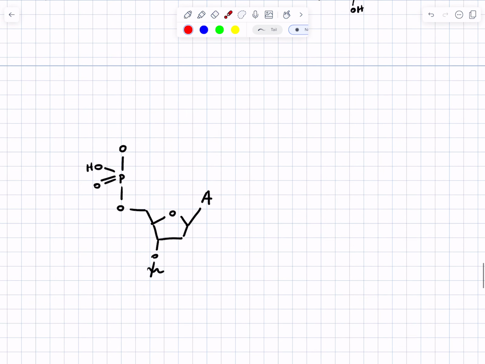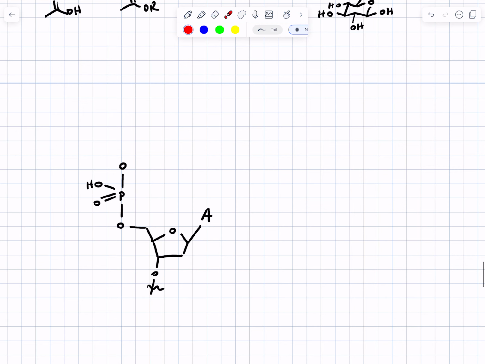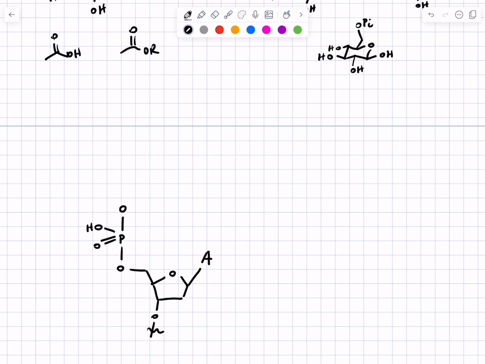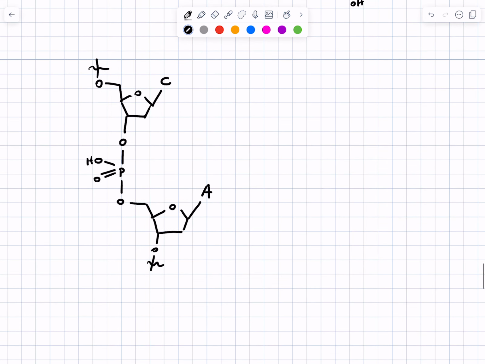Squiggly line there means there's other stuff down here that we're not talking about. And then let's do, I don't know, C. Squiggly line there means there's other stuff there that we're not talking about.